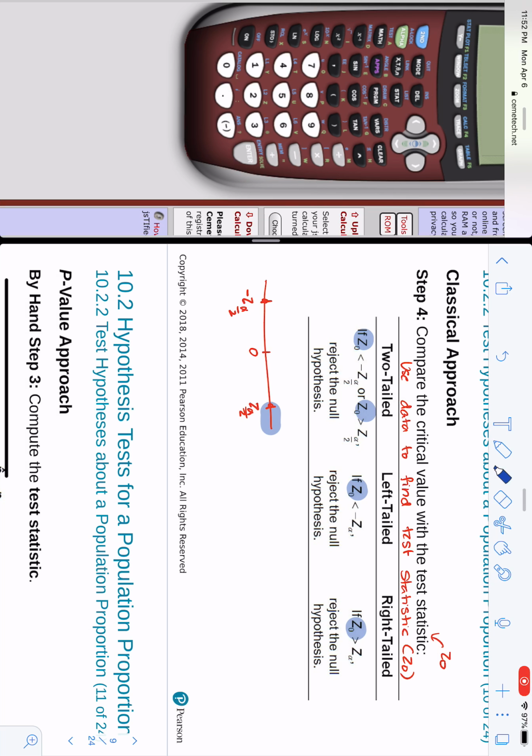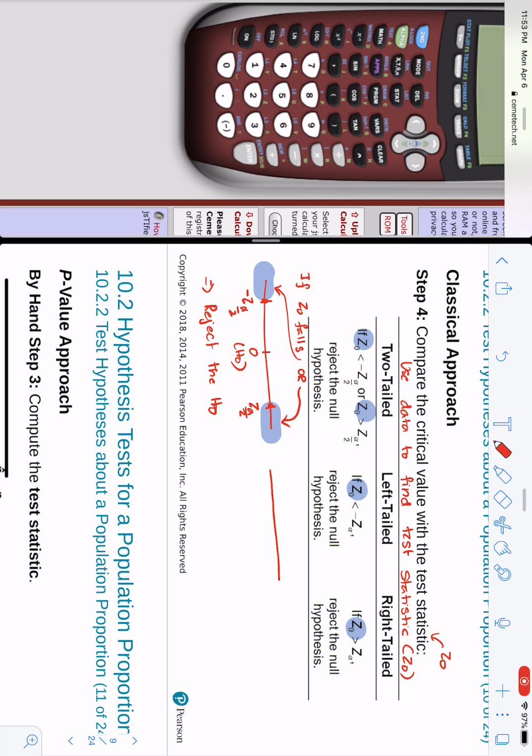And what we have there is the rejection region. So if the test statistic falls here or there, then we reject the null. That is with a two-tailed test.